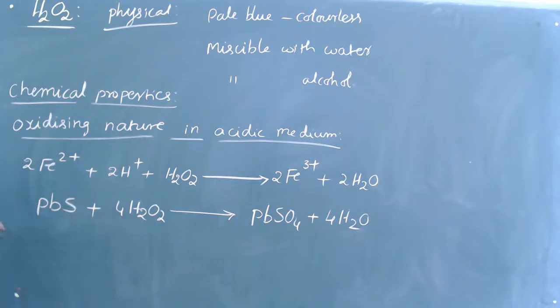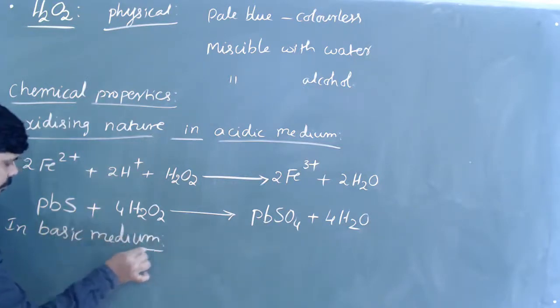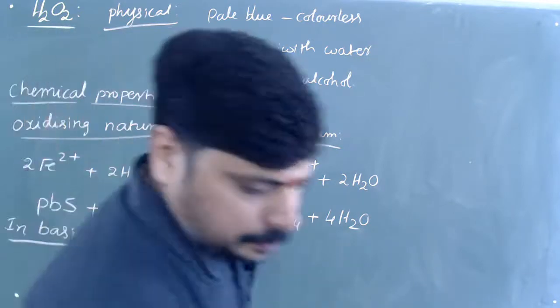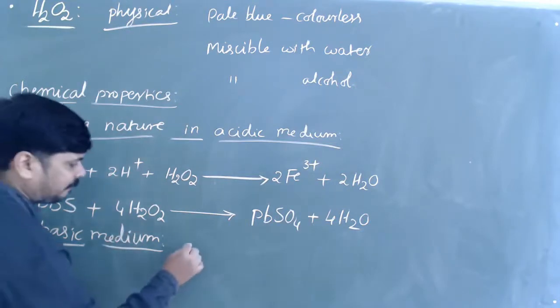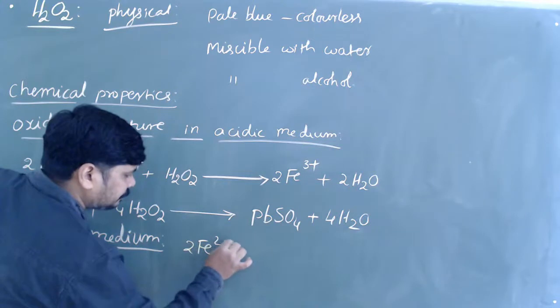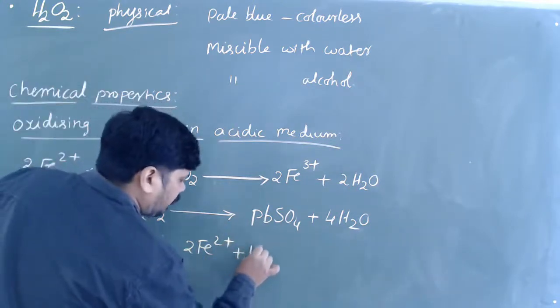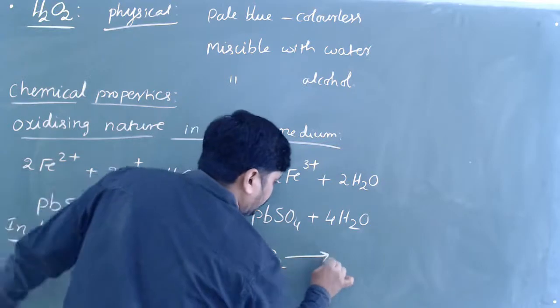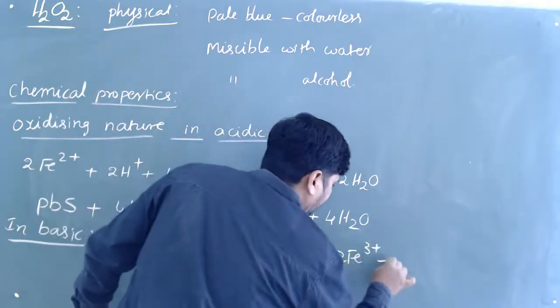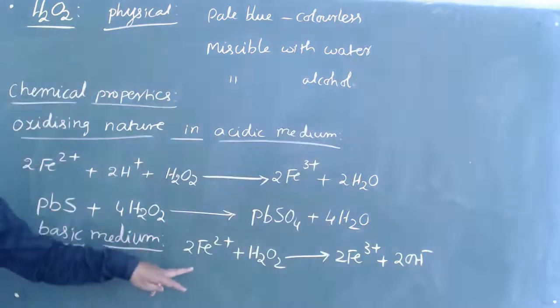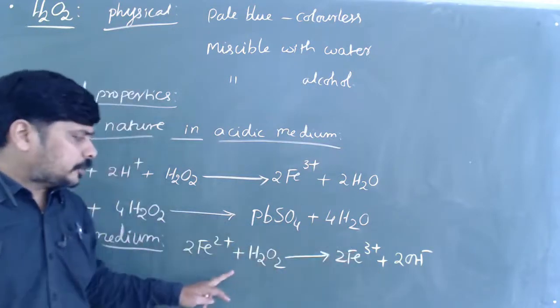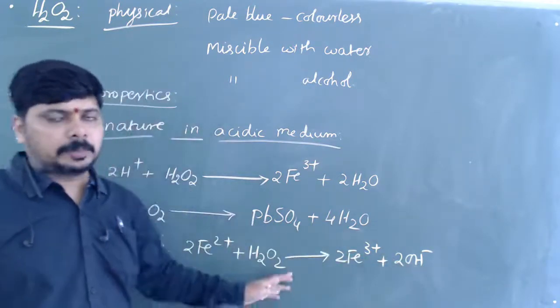In basic medium, if you take the same Fe2+ with H2O2 in presence of basic medium, it gets converted to Fe3+ and 2OH-. The same iron gets converted to the ferric state, but your H2O2 becomes OH- in presence of basic medium.